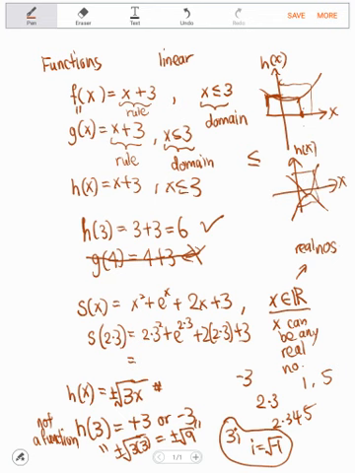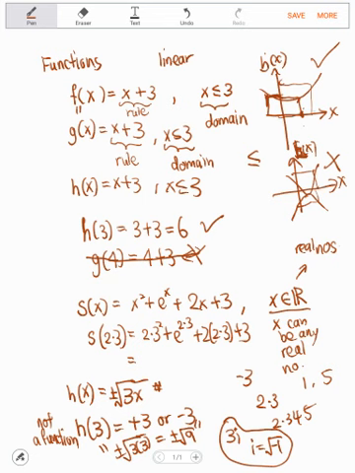That's not a function. I shouldn't be using h(x) because h(x) means this. So let this be b(x), and then this is e(x). Then you see there are different functions. This is not a function. This is a function.